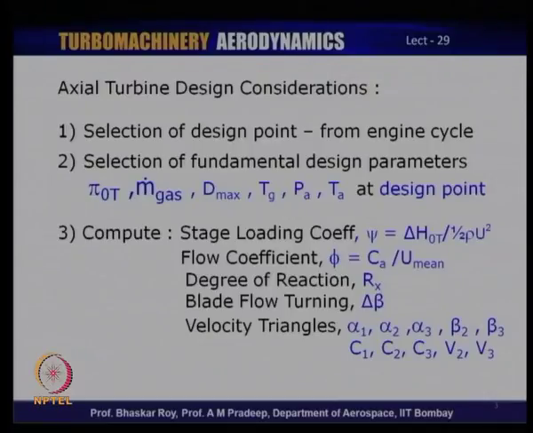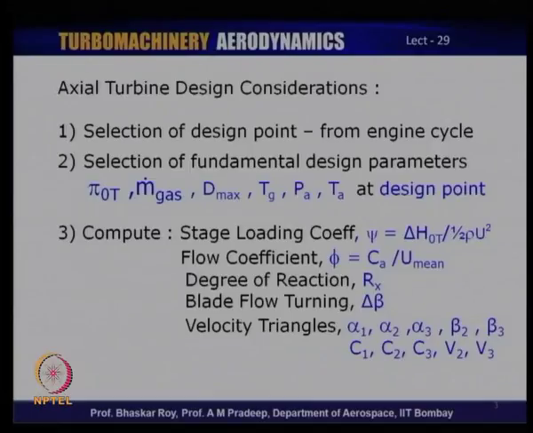The next thing you need to decide is the blade flow turning, first in the rotor and of course, in the stator. Now, the rotor of course, gives you the work done. So, delta B is directly indicative of the amount of work that you can accomplish out of this rotor.